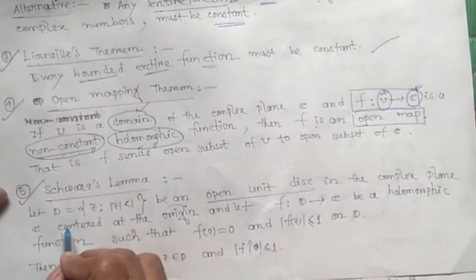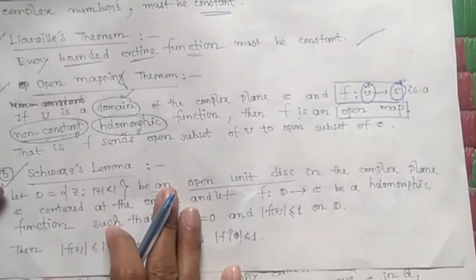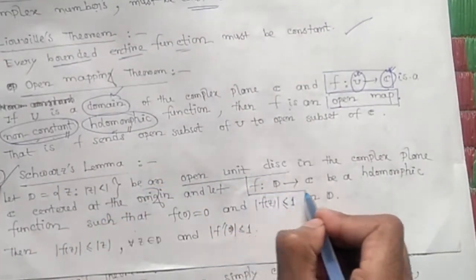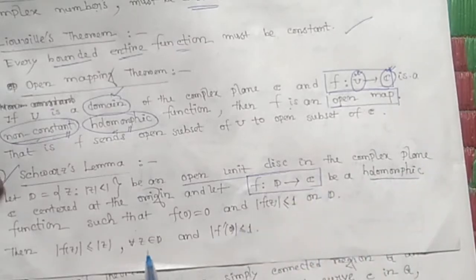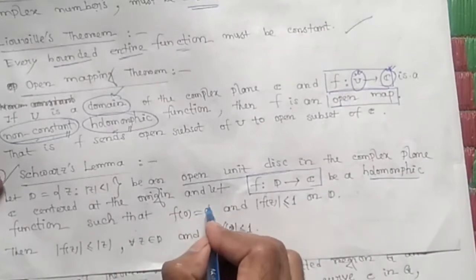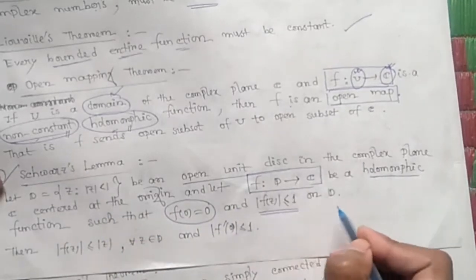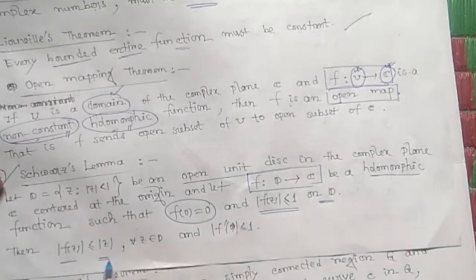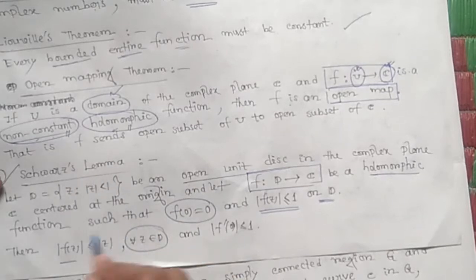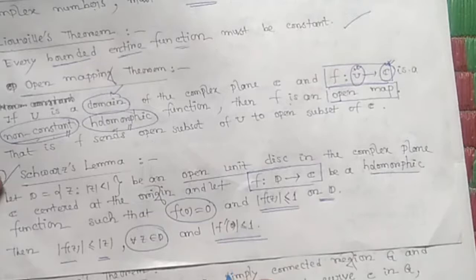And let f from D to C be an analytic or holomorphic function with f of 0 equal to 0 and mod f(z) less than or equal to 1 on D, then mod f(z) is less than or equal to mod z everywhere in D, and mod f'(0) is less than or equal to 1.